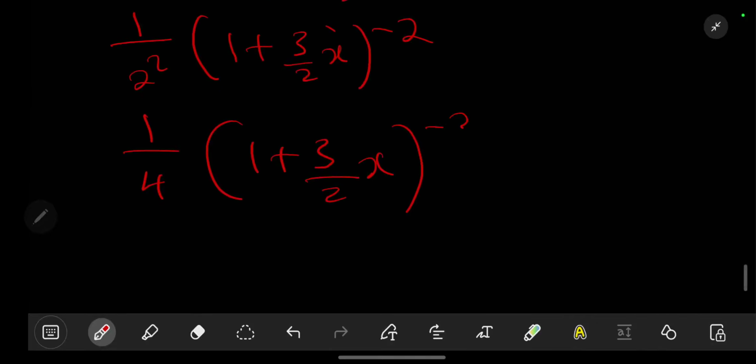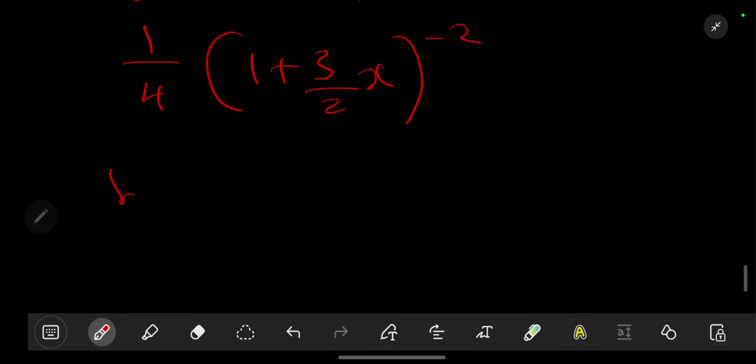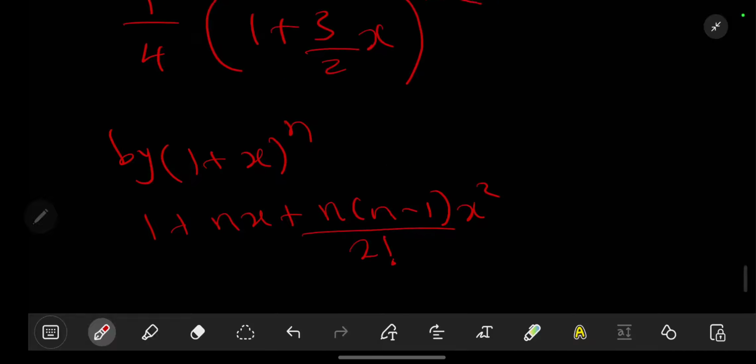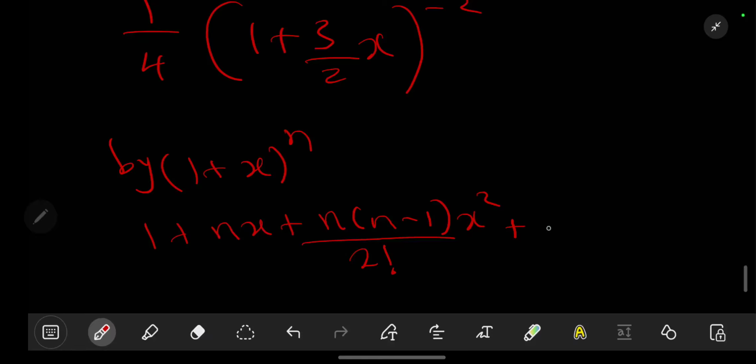So to the power negative 2, using 1 plus x to the power of n, don't forget this. It will be 1 plus nx plus n, n minus 1, x squared over 2 factorial. Then we have plus n, n minus 1, n minus 2, x to the power of 3 over 3 factorial, like that.